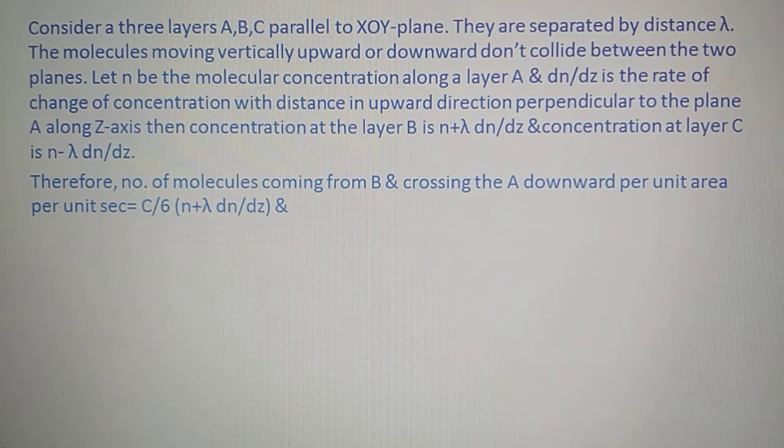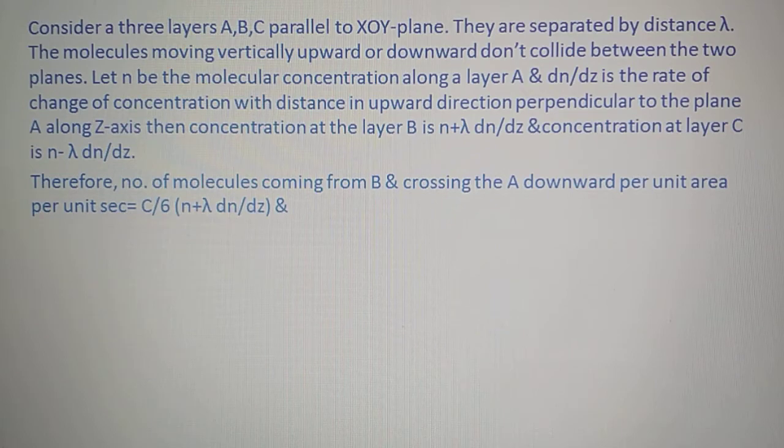Then the concentration at layer B will be N plus lambda into dN by dZ, and the concentration at layer C will be N minus lambda into dN by dZ, right? The plus and minus we have already discussed in the coefficient of viscosity, so you can correlate this with that.